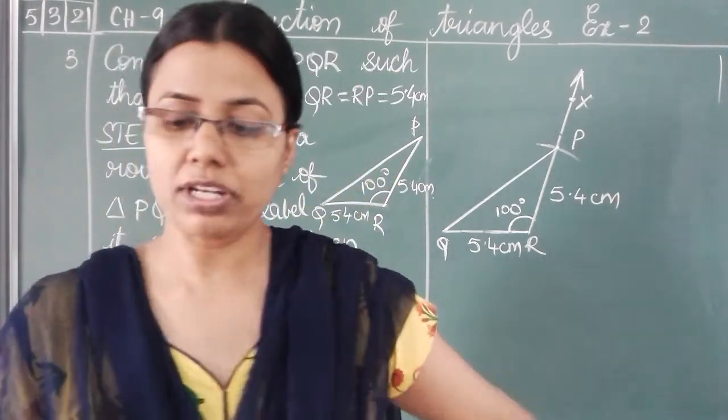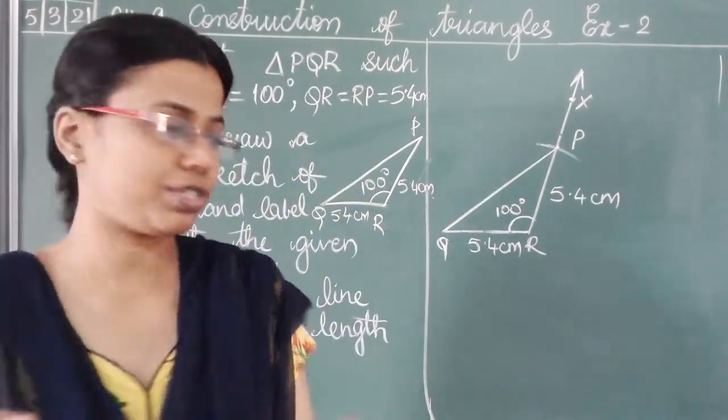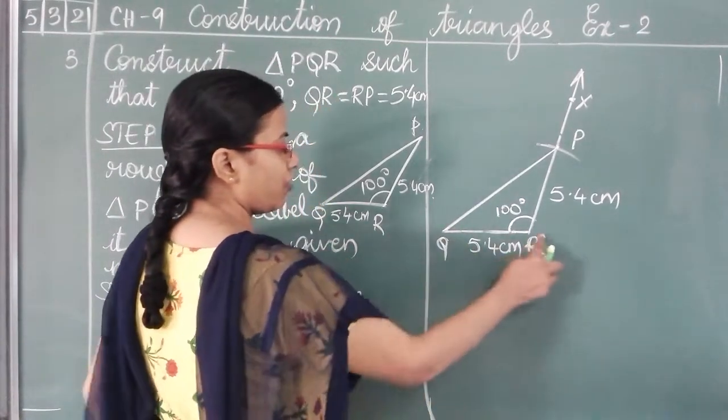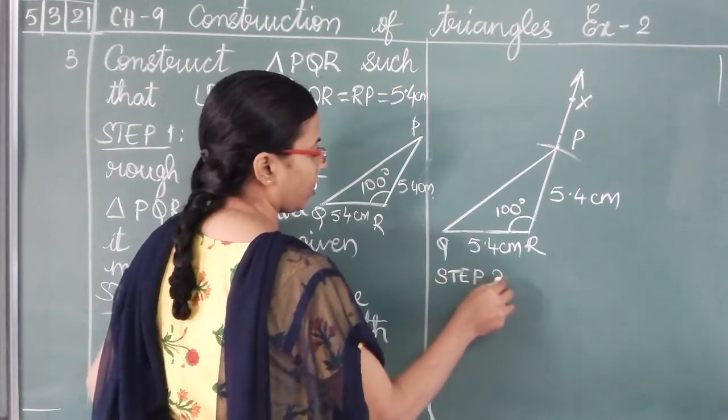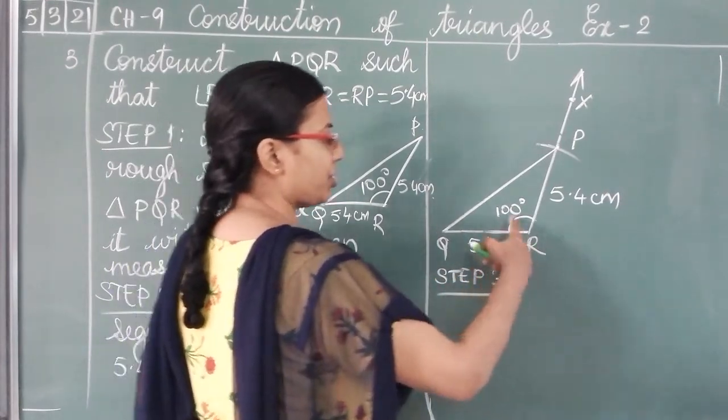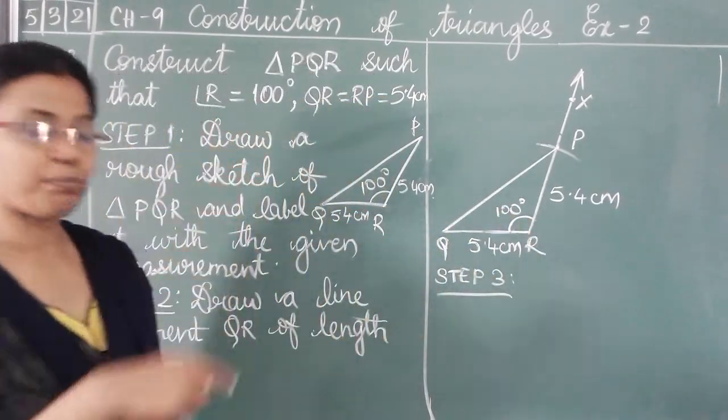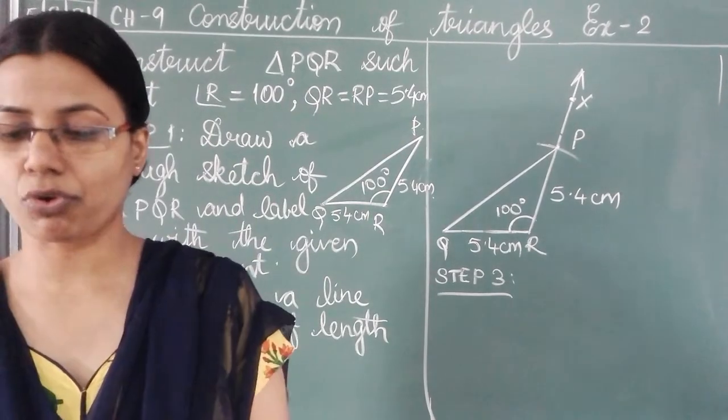Now let us write. Already step 2 we have written. Now step 3. What is step 3 we have done? Step 3 is we have measured 100 degrees, marked 100 degrees and we have drawn a ray.